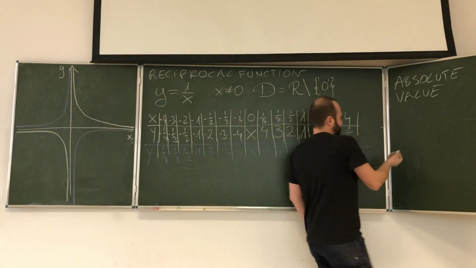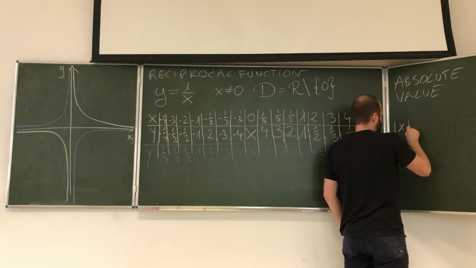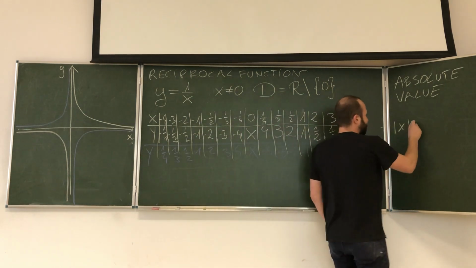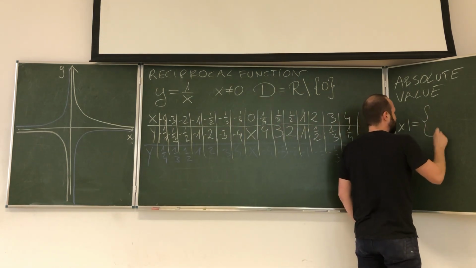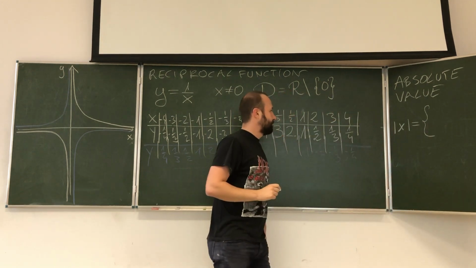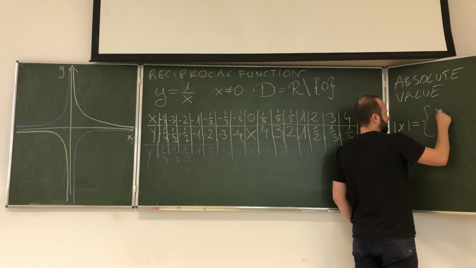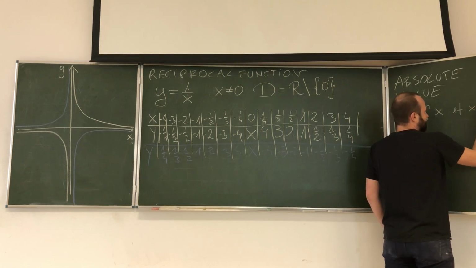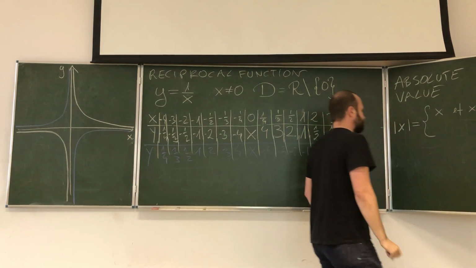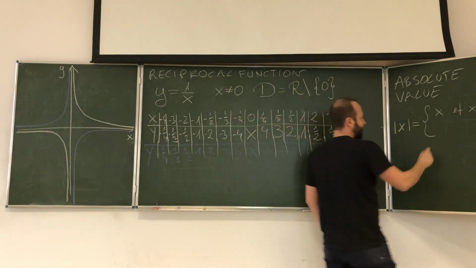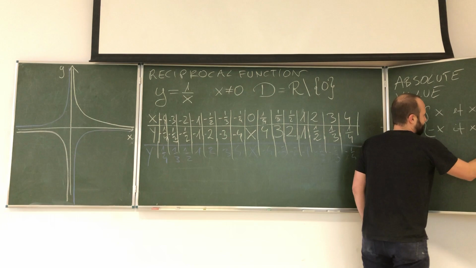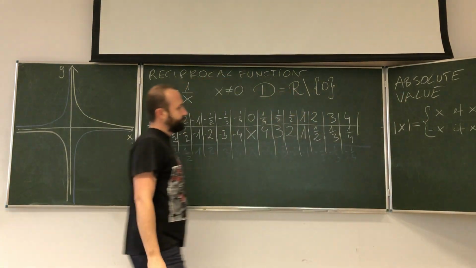We write it as 2 bars and x in between, and this function is equal to x if x is bigger or equal to 0, or -x if x is smaller than 0.